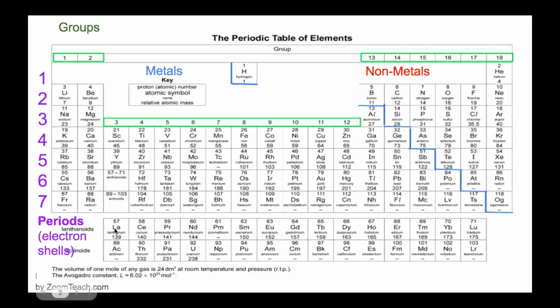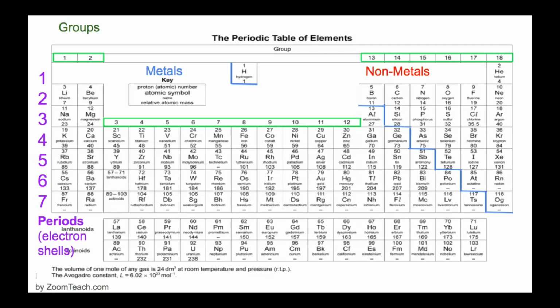The first row at the bottom, 57 to 71, is summarized under period 6. And the next row from 81 to 103, those elements will be under period 7, which means those at the very bottom will have 7 electron shells, and those on 57 to 71 will have 6 electron shells. Periods and groups.